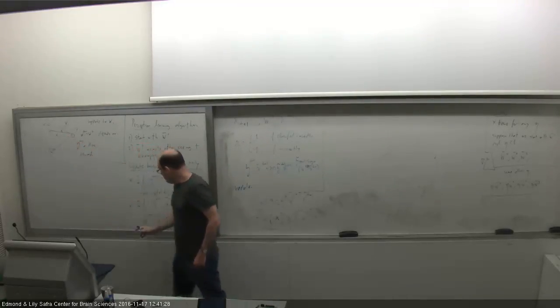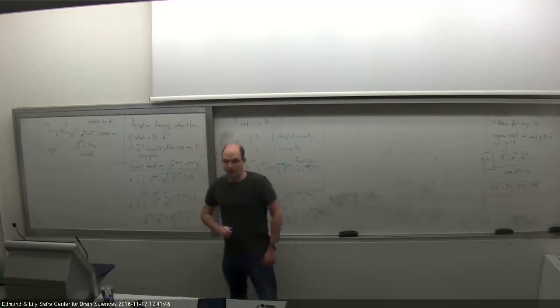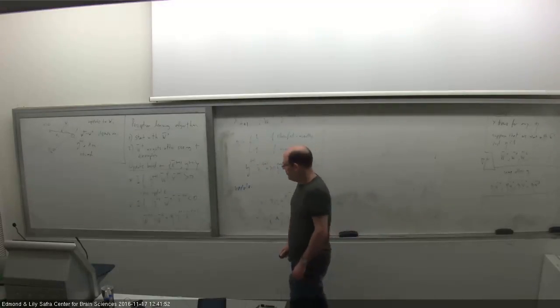I know that we're doing an update at all only if the network has made the incorrect choice. So I know that the output of the network was minus y t plus 1, so I can replace y t plus 1 by minus that.